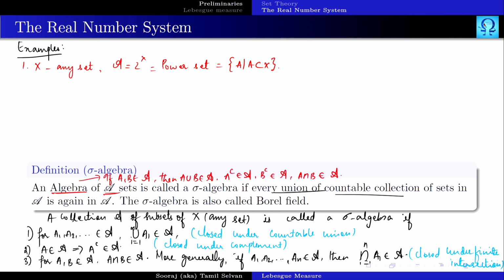Therefore, of course, the union is going to be inside it, the intersection is going to be inside it, the complement is going to be inside it. It is trivially a sigma algebra, right?